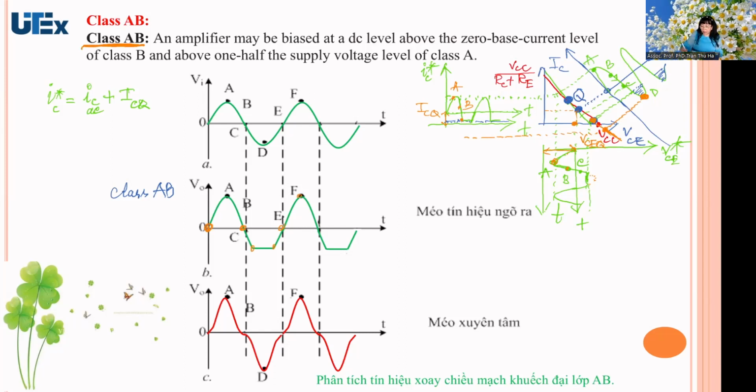And class AB Q point should be to have the biasing between the max swing and the cutoff, the Q point, this area. And we have the Q point here. This is between, this is a lower max swing. And lower max swing we can receive in the part. We have lost the area in comparison with the input signal. This input signal.